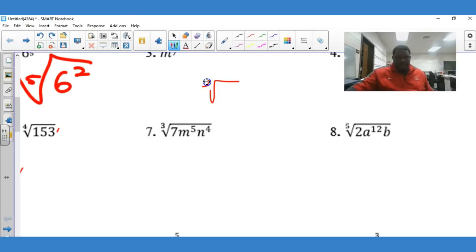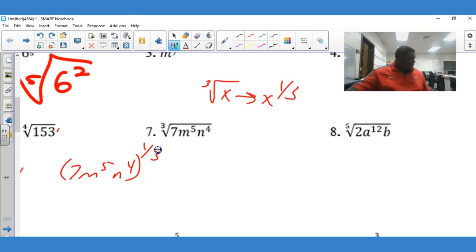If I had the cube root of x, I would rewrite this as x to the 1/3. So again, this whole thing is my radicand. So I'm going to write it as 7m to the 5th, n to the 4th, raised to the 1/3. This whole entire deal right here.